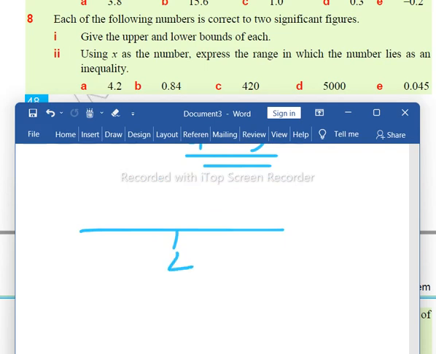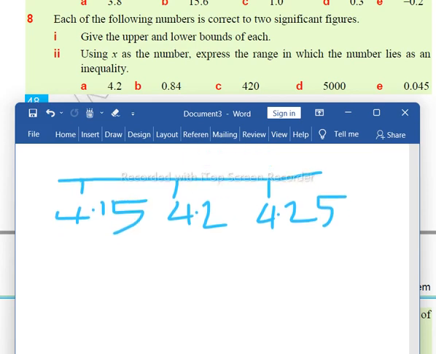We have the original number 4.2, and we can put here the upper bound of the number, 4.25. Again, we have here the lower bound of the number, 4.15.